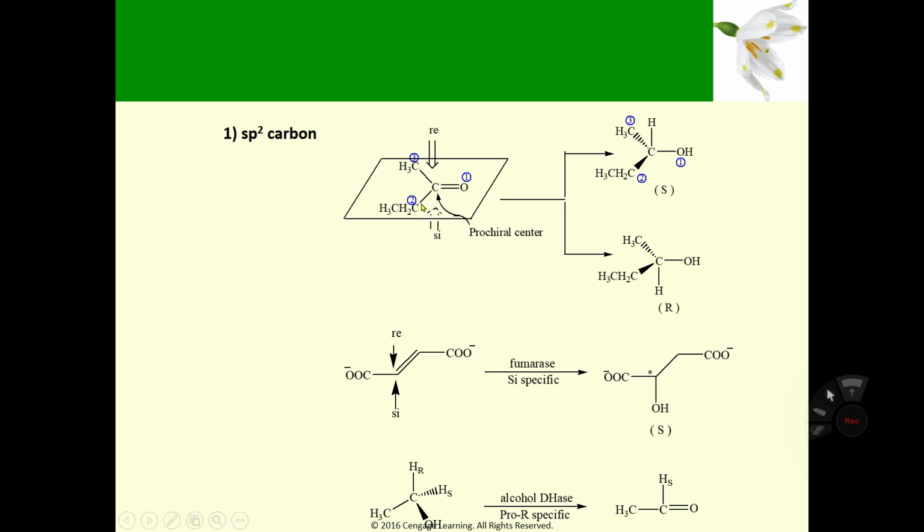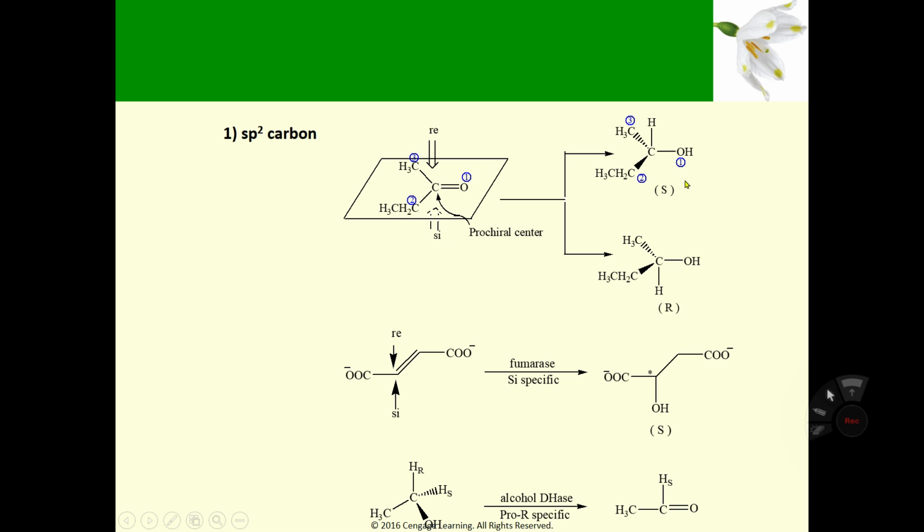This is number 1, this is number 2, this is number 3. So if you look from the top, it goes like this, just like R configurations. Therefore we name the upper face the Re face. Okay, for the bottom face, the direction will be opposite, just like S. So the bottom face is named the Si face.